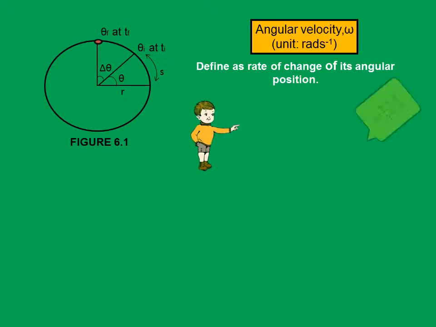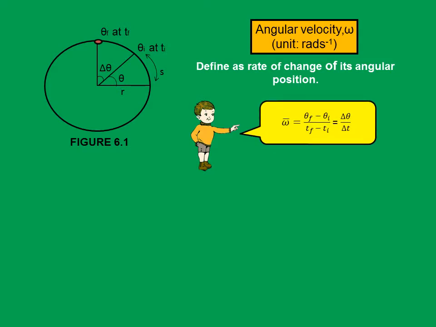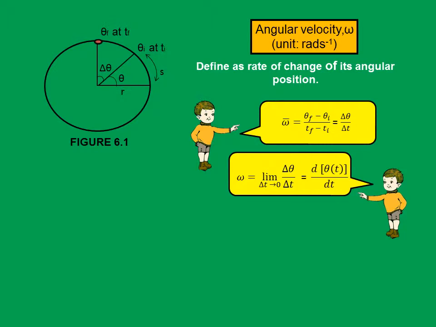When the change of time approaches zero, the instantaneous angular velocity, or simply angular velocity, is given by this formula.